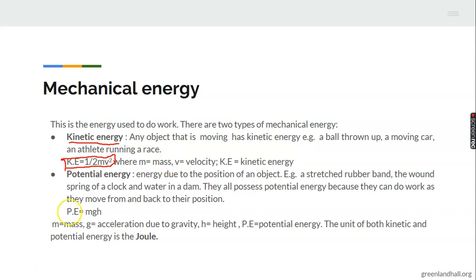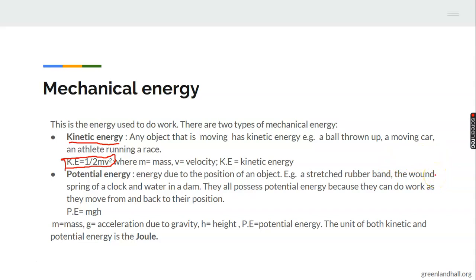That's velocity. So the second type of mechanical energy is potential energy. Energy due to position of an object. For example, you have a rubber band, you stretch it. When you stretch a rubber band, it tries to come back to its initial position. Same thing with a wound spring, like the one you normally have at your doorstep, maybe a net door.